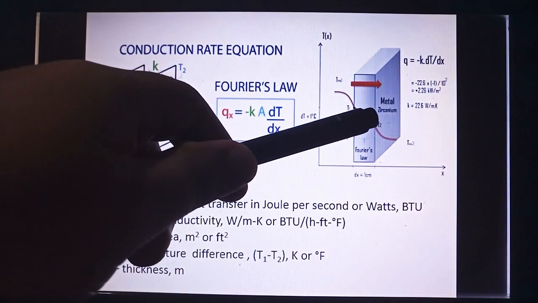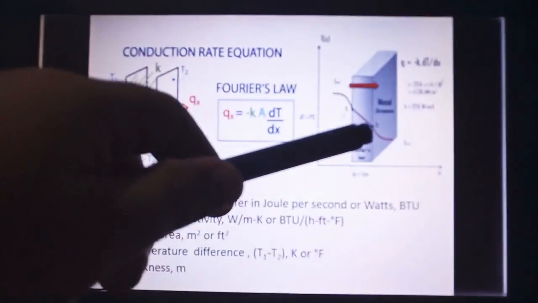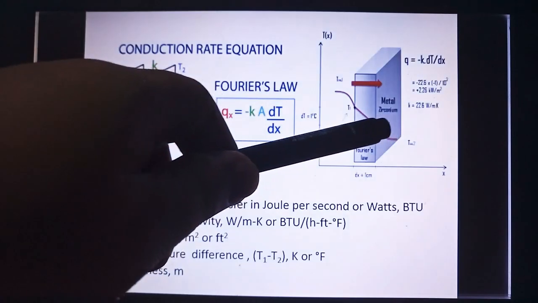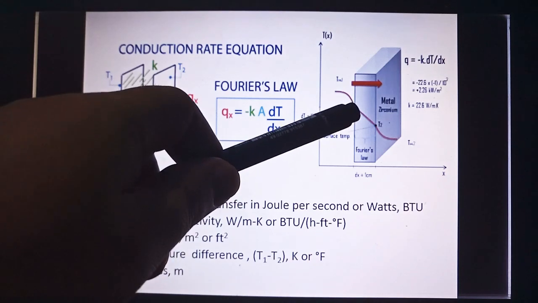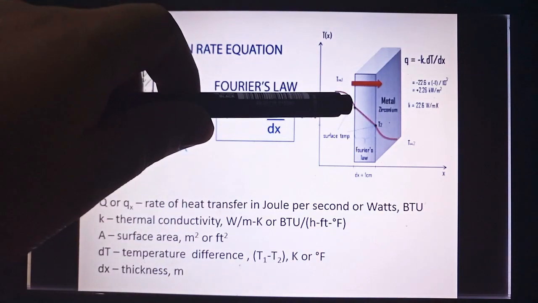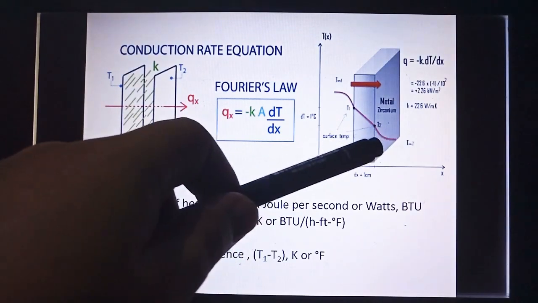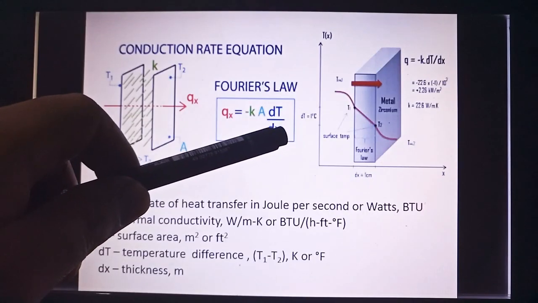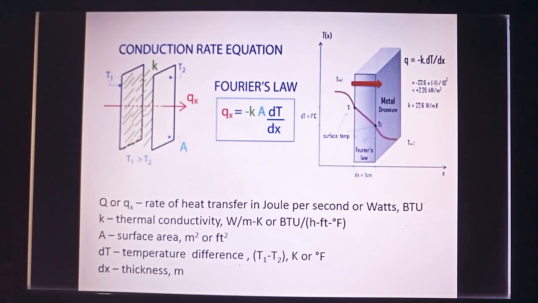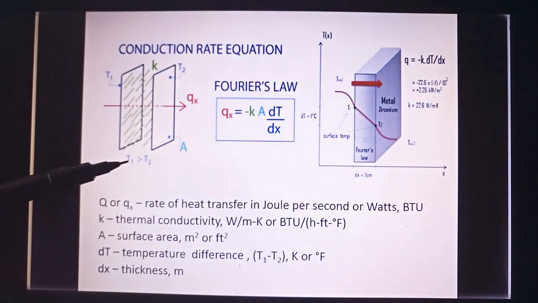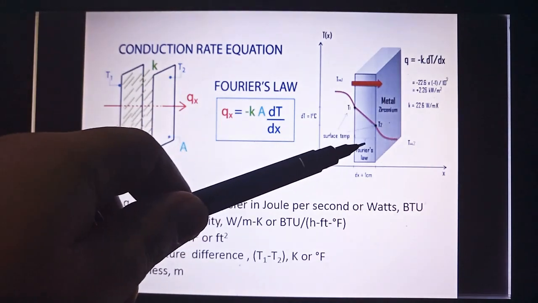If you are inside the room, the temperature is low when compared to outside the room. That depends on the situation. For this case, T sub 1 is this point, and then T sub 2. And of course, you have here the thickness, that is your dx. Take note, in our case, T sub 1 is greater than T sub 2.